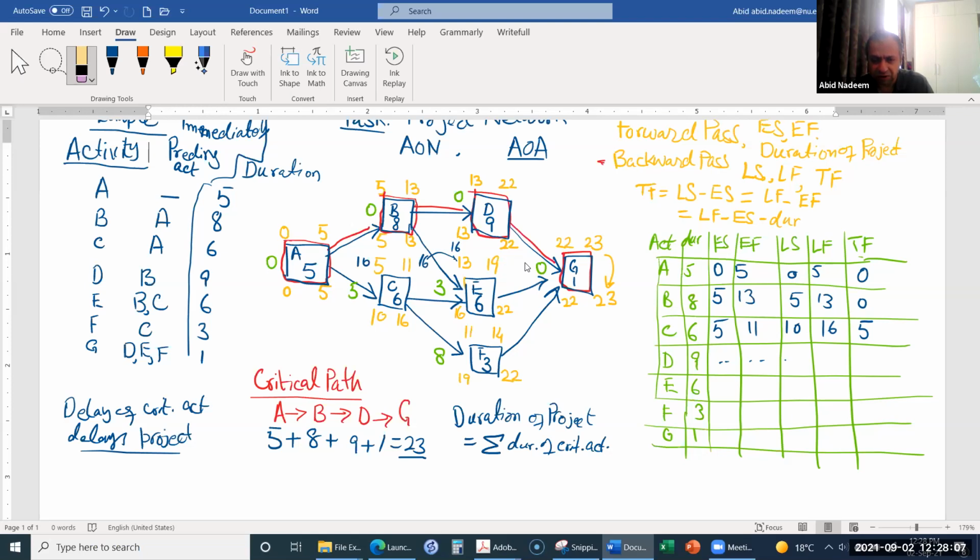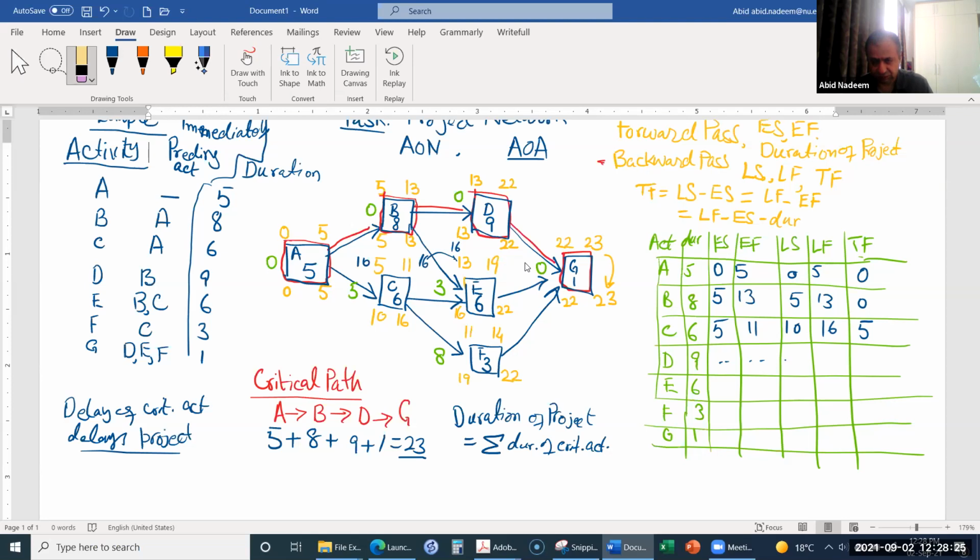But in this second example, we have seen that although we delayed activity C, it caused the delay in activity E as well. Okay. But overall, the project was not delayed.